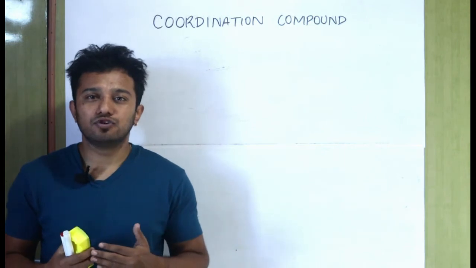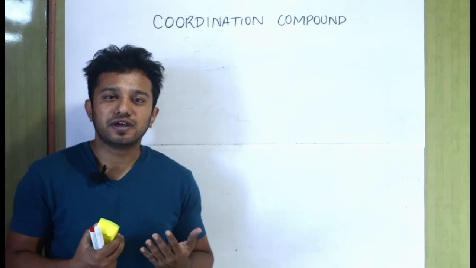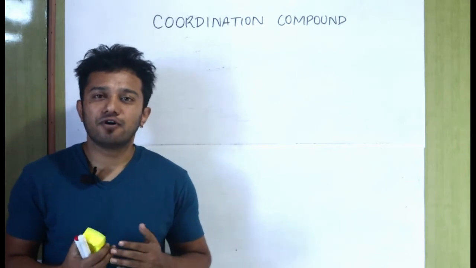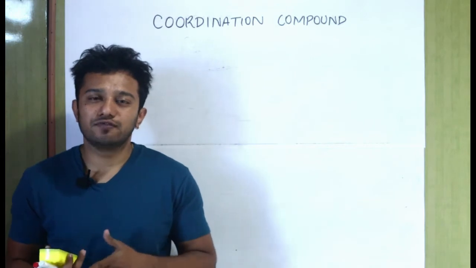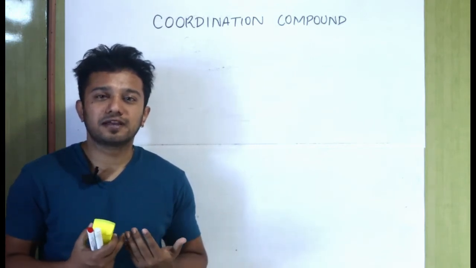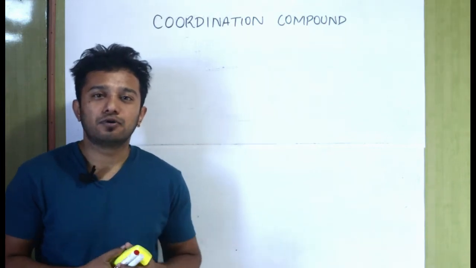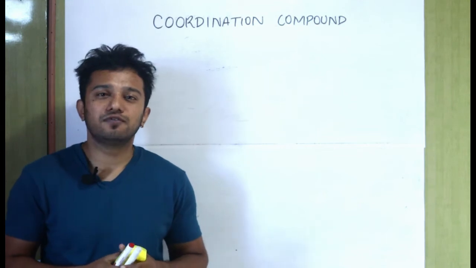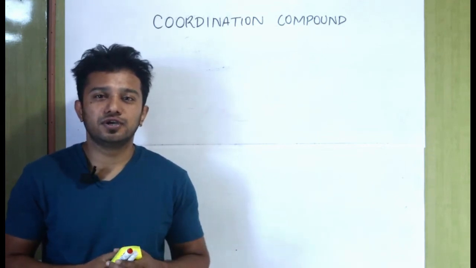There are also some drawbacks of his postulates: he could not explain why only certain elements form coordination compounds, the stability of coordination compounds, the magnetic properties of coordination compounds, and the directional properties of the bond. These are some of the drawbacks of Werner's coordination theory.